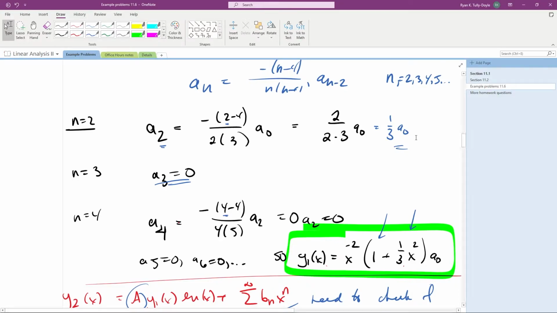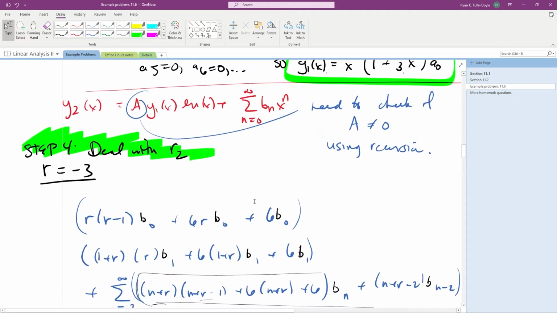For the second solution to the equation, because we're dealing with an integer difference between r1 and r2, it's possible that the log term may or may not be here. What do I mean by that? Well, if the recursion works, then I can use the recurrence relation to get a second solution, which will look like a Frobenius series.